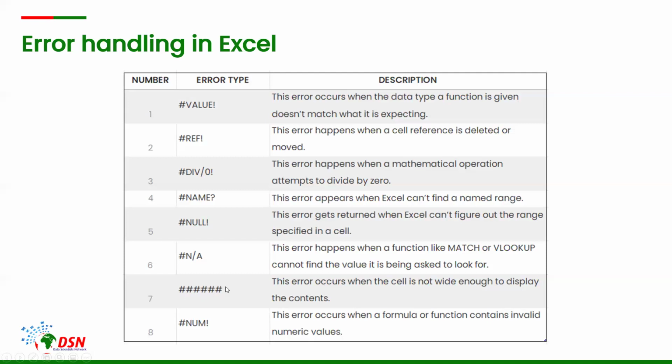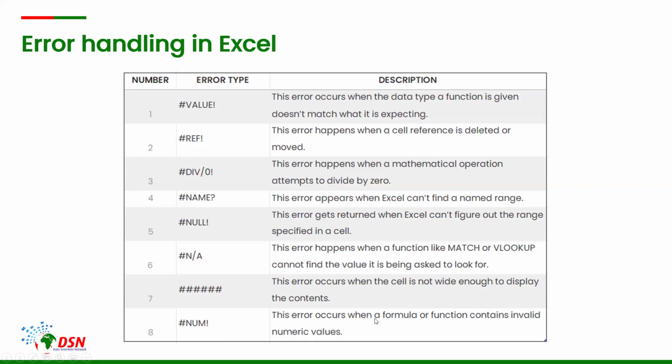It's saying that the value in this cell is too long for me to display. This error occurs when the cell is not wide enough to display the content. So you see these hashtags, which means there's actually a value there, but it is too long for me to display.